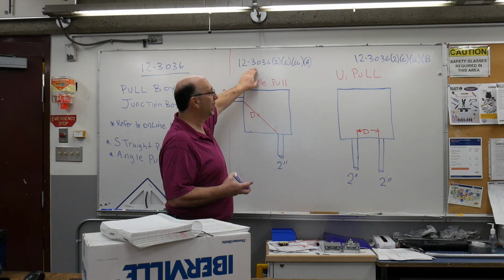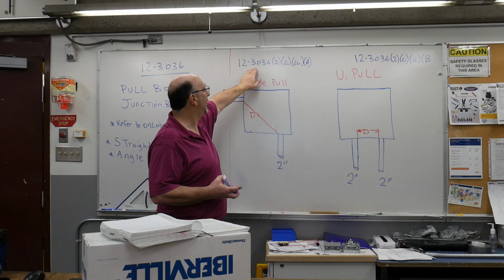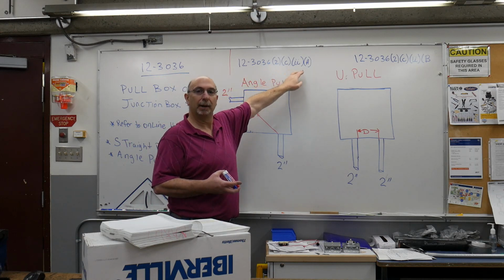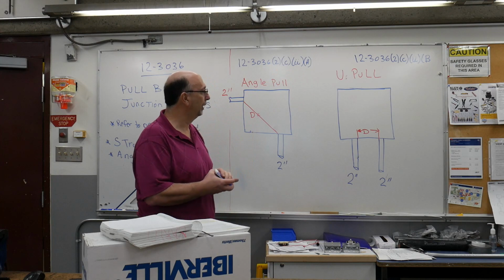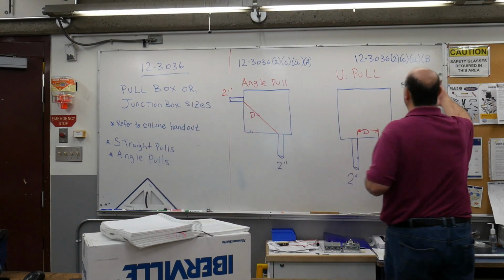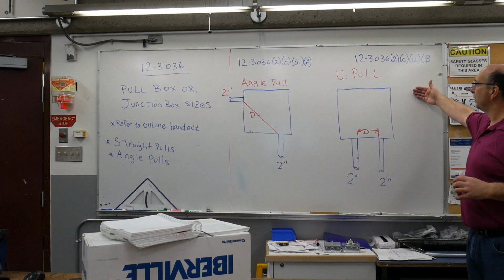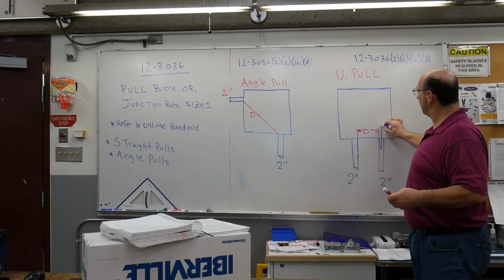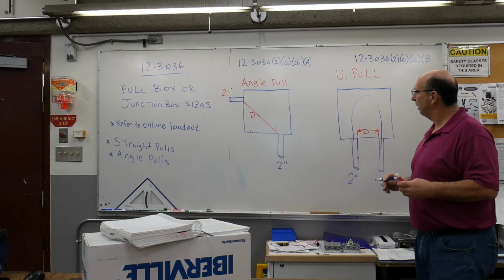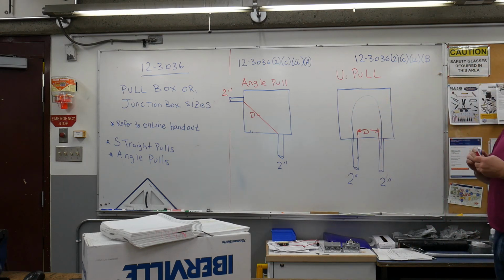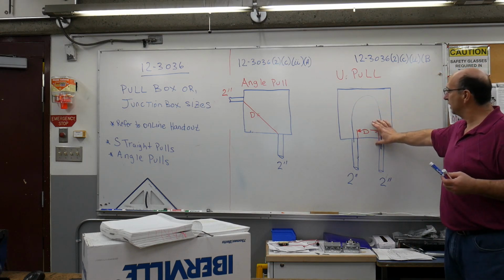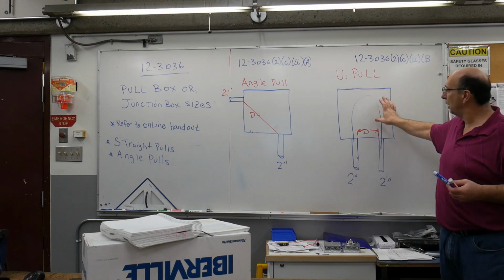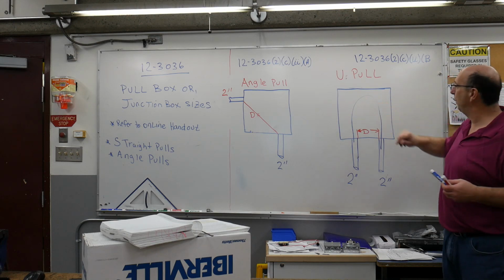On the angle pull, we are going to refer to Rule 12-3036 2CII capital A. Over here on the U-pull, which basically means we're going to be pulling a conductor like that, we need to make sure that this distance is a certain distance, so we are not going to cause too much stress on this conductor or conductors that we pull in.